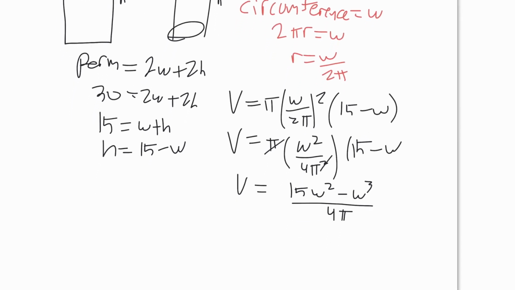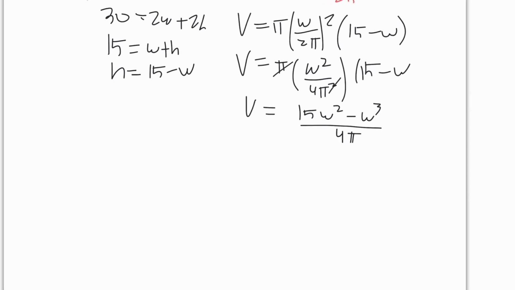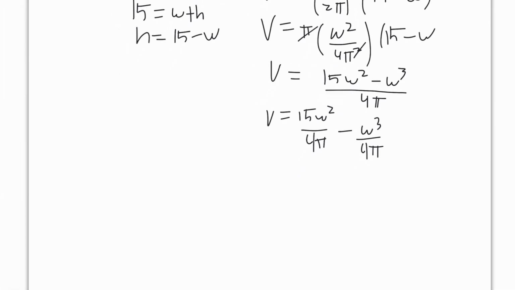And again, I probably don't want to use the quotient rule, so I should get rid of that denominator and get volume is equal to 15w squared over 4 pi minus w cubed over 4 pi. So there we go. I've got a nice, beautiful equation.